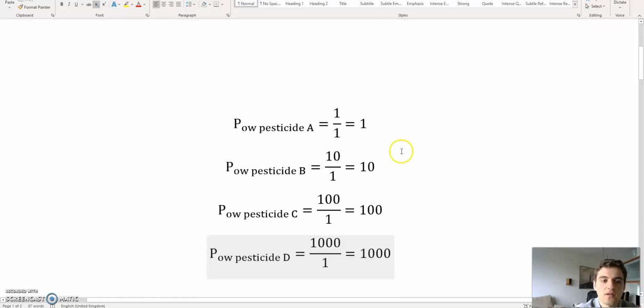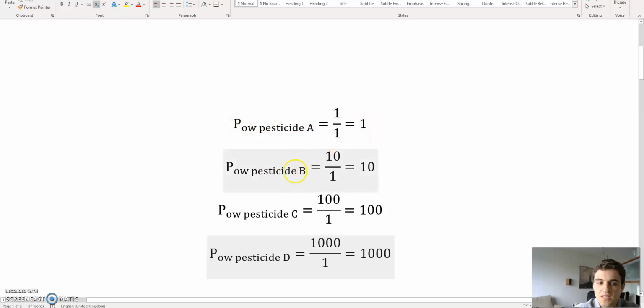So you can have a pesticide, let's call it A, that for one part of pesticide concentrated in water, has also one part of pesticide concentrated in oil. So the POW coefficient is 1.